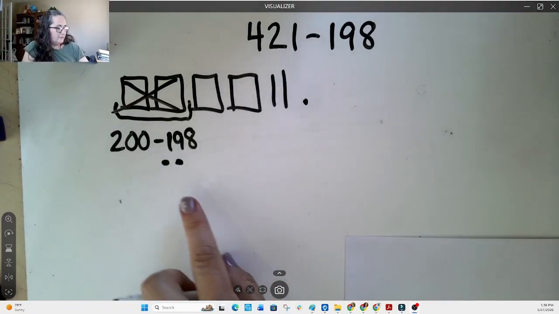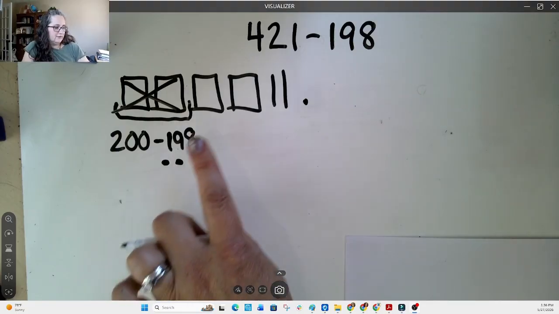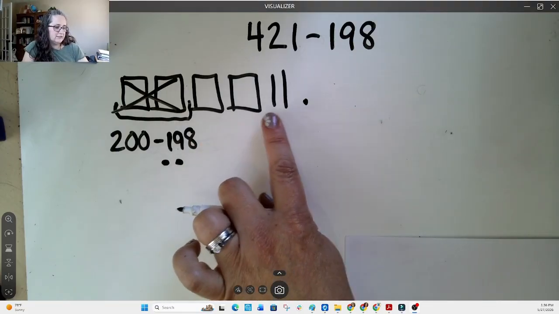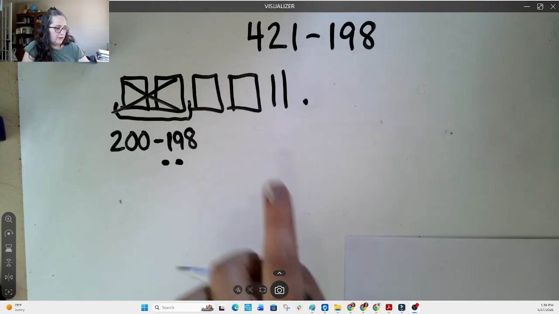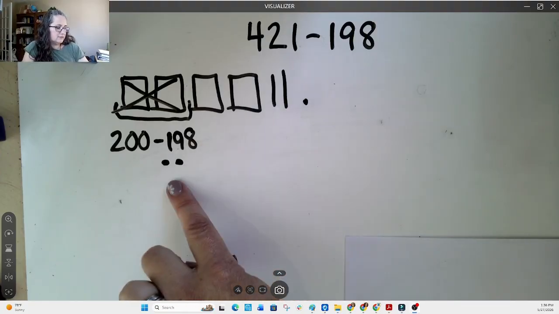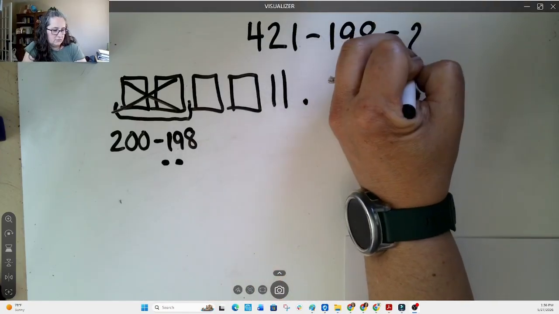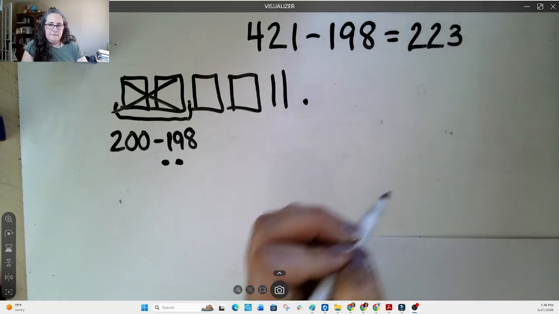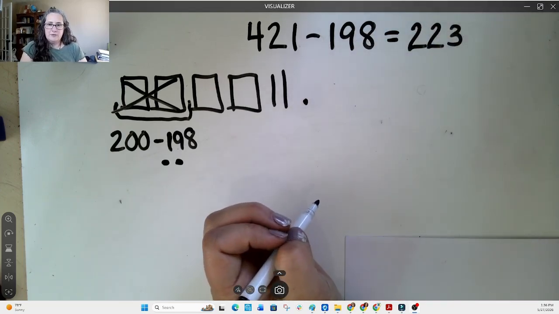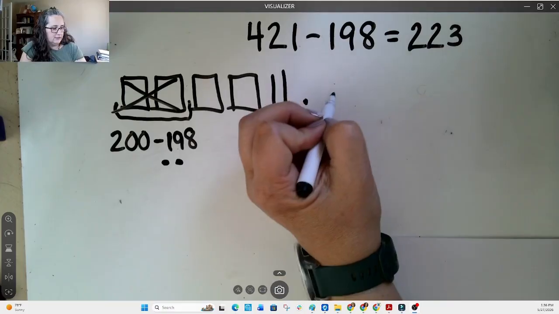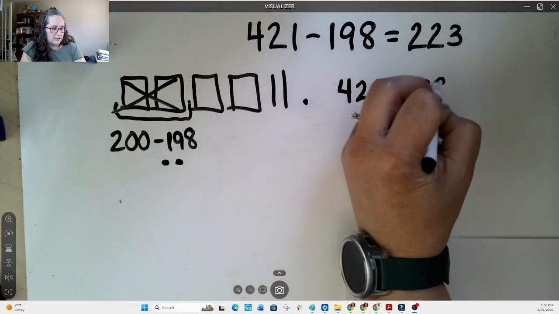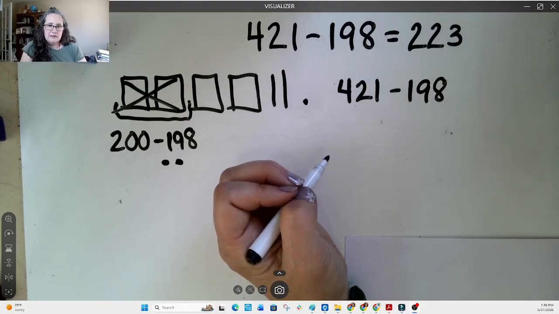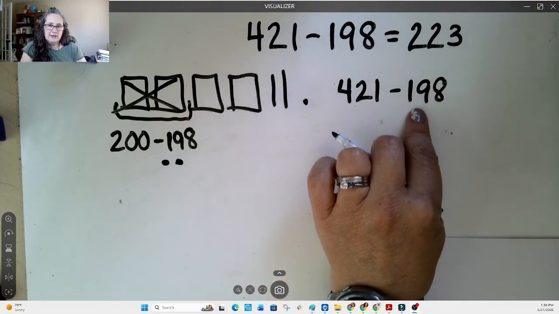So now we have 2 1s plus our 200s, 2 10s, and 1 1. So a total of 223. Let's think about how we could represent that using numbers and symbols. So 421 minus 198. The first thing we did was thought about the fact that 198 is very close to 200.